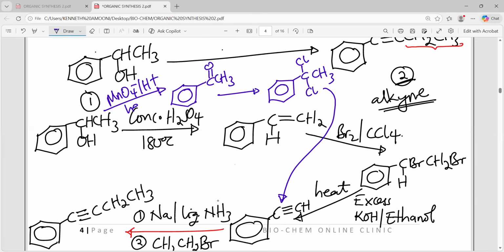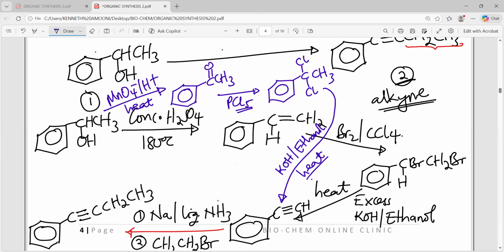Then we heat. We said whenever we are using oxidizing agents, we heat. Then we can convert that to that using PCl5 to form a dihalide. Then from this, we are still going to dehydrohalogenate to form for us an alkyne, in the presence of ethanol, then we heat.